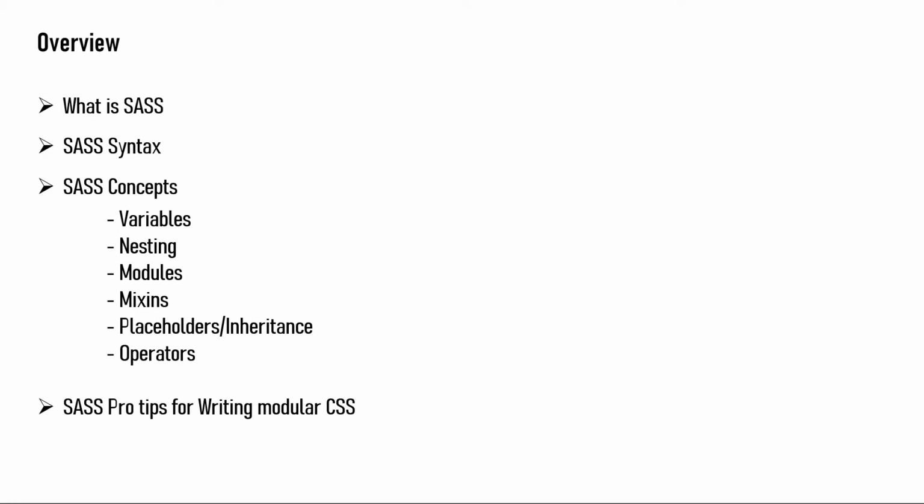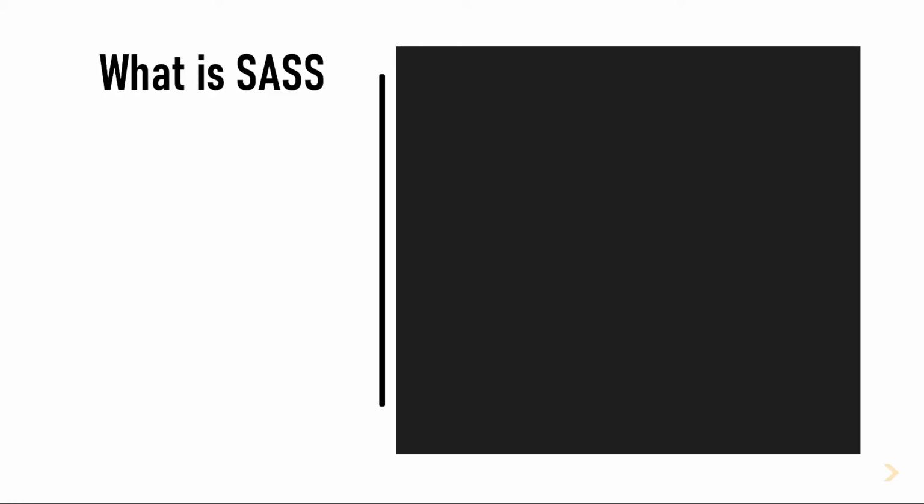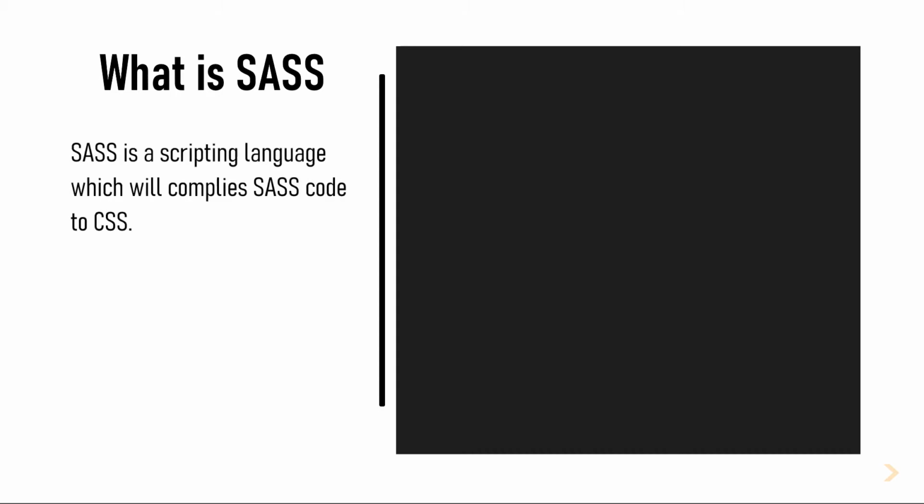So let's start with the question, what is Sass? Sass is a CSS precompiler where the code written in Sass is compiled to CSS, or it can also be defined as follows. Sass is a scripting language which compiles our Sass code to CSS.